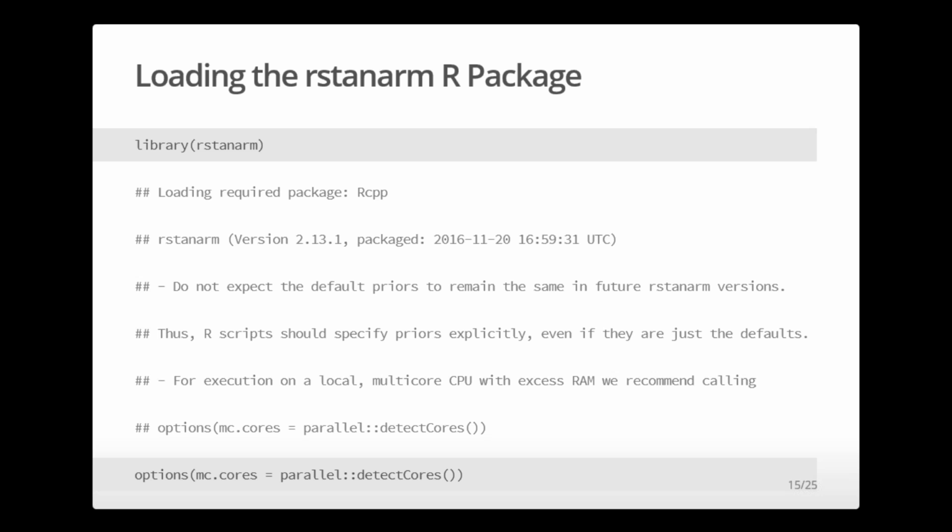To use as many cores as are available on your machine, you can just call one line of R code, at the bottom of the slide, to set the mc.cores option equal to the number of cores available on your computer, and that's appropriate as long as you're not swapping and running out of RAM. So that's a good option.